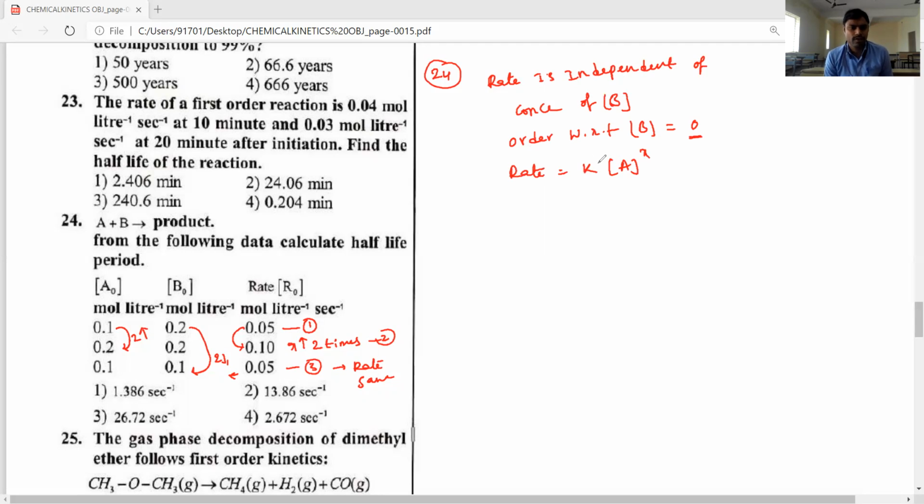Now that X value we have to find out. After that we have to find out its half-life period. Now let it be equations 1 and 2.